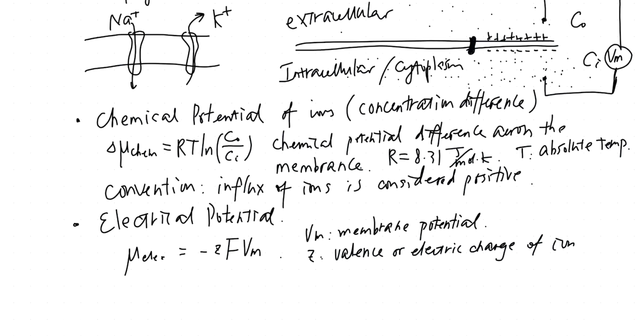For example, the valence of sodium is plus 1. The valence of potassium is also plus 1. And the valence of chloride is minus 1.